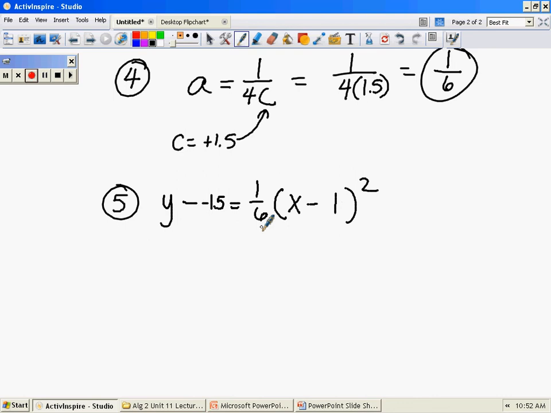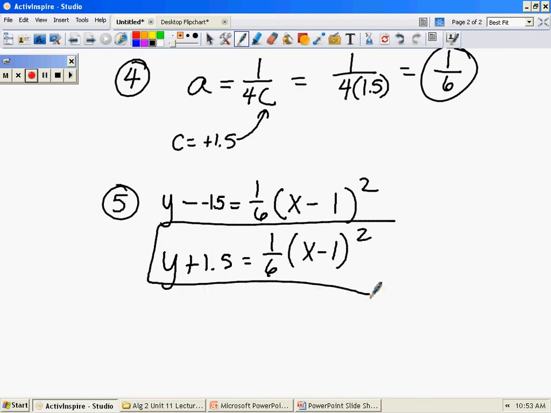Now after you got everything plugged in, you just clean it up a little bit. Double negatives there can become positive 1.5. a is 1/6. (x minus 1) squared. Other ways you might have to clean it up is, like if you had x minus 0, you just get rid of the 0 and put x, right?